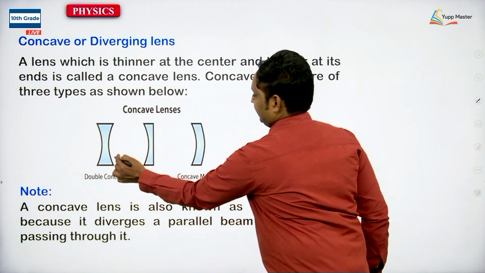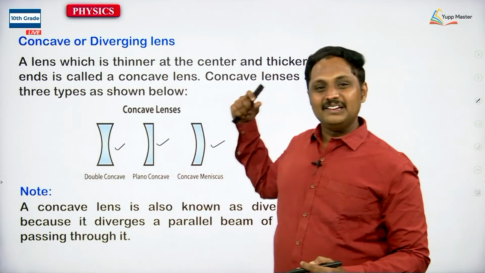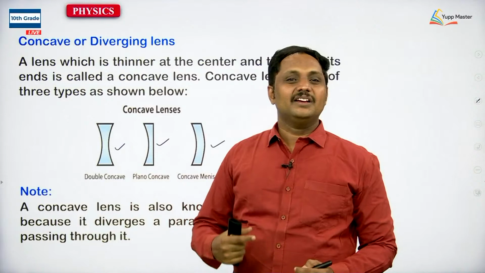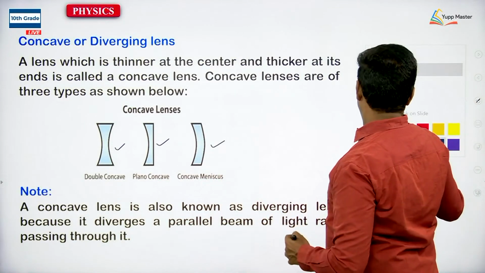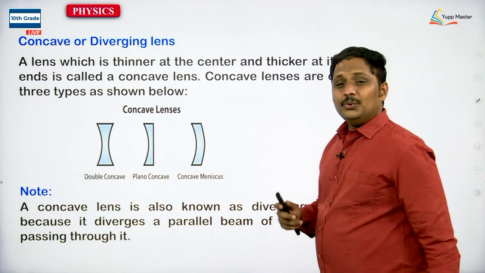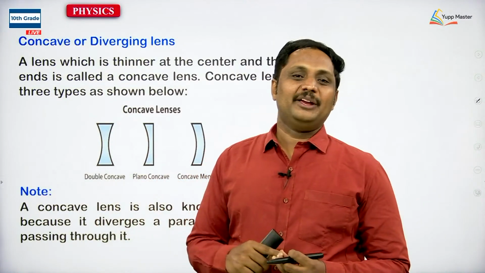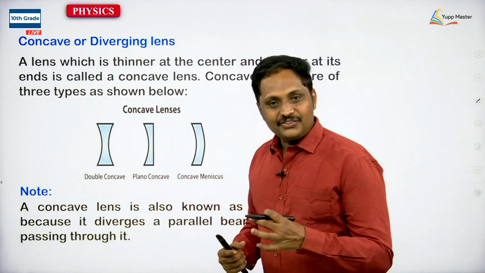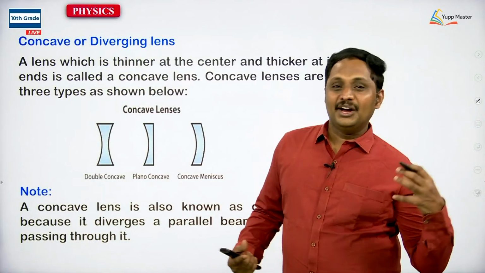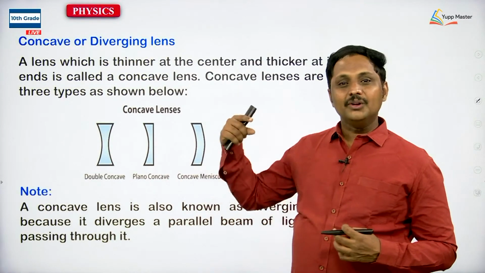If you take this concave lens, it will diverge the light rays which are allowed to pass through it. Now, the concave lens is a diverging lens. Because of its function, divergence of the light rays takes place. Convergence of light rays takes place in the case of convex.